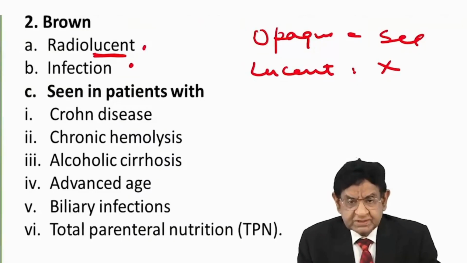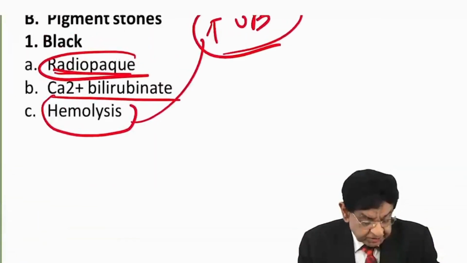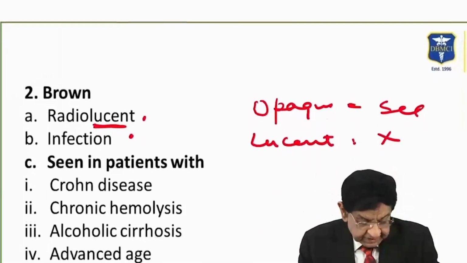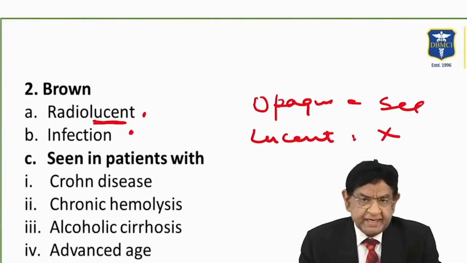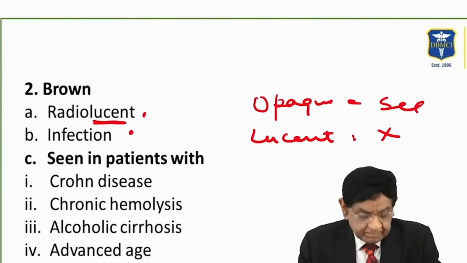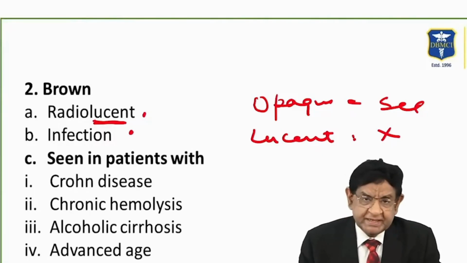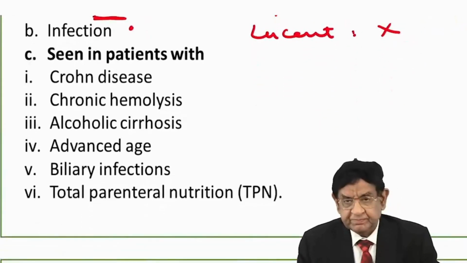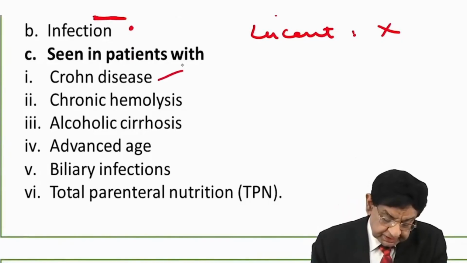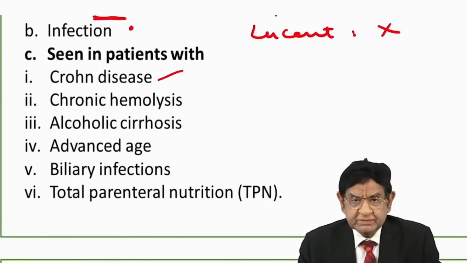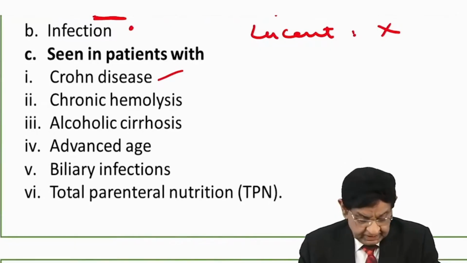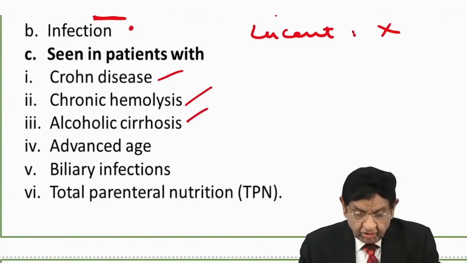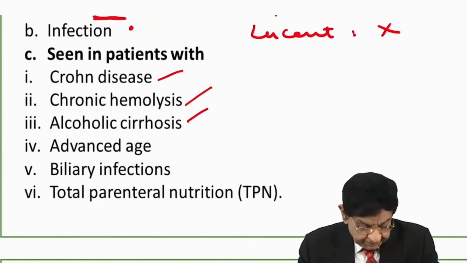So friends, the second was pigment gallstone. Black is radiopaque and brown is radiolucent. Black is due to any cause of chronic hemolytic anemia, and brown is due to infection, especially cholecystitis. So who are the patients where we see pigment stones? Crohn's disease. Point to be noted, in Crohn's disease both types of stones are common. Chronic hemolysis, the point I mentioned earlier also. Alcoholic cirrhosis can predispose to this problem.